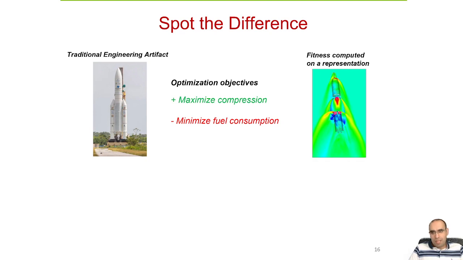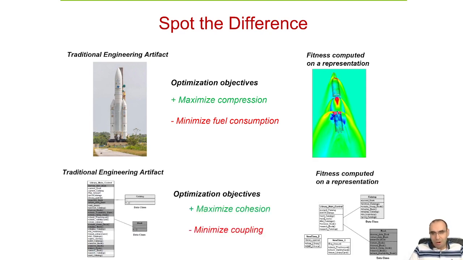So people usually use simulation, but there is a risk that the simulation is not very similar to what happens in practice, which means some assumptions must be made, and these assumptions could be wrong or could not be validated as expected. So in software engineering, this could be more practical. For example, we can use optimization to find an optimal design that maximizes cohesion and minimizes coupling. So this is possible.